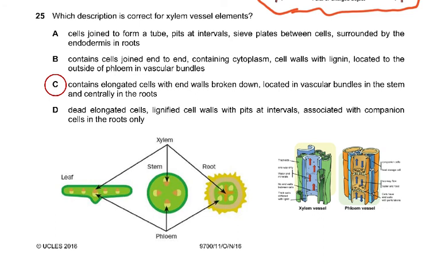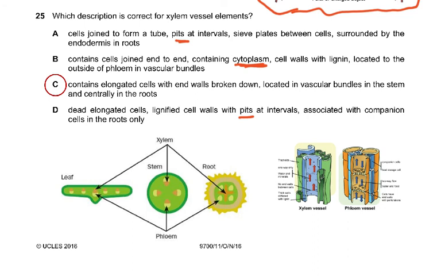The others were all wrong because it says cells joined to form a tube, pits. Now this is all phloem. Contains cells joined containing cytoplasm, cell walls with lignin. Now there's no cytoplasm. Xylem has no cytoplasm in it. That was the wrong bit. And dead elongated cell, lignified cell wall with pits at intervals.